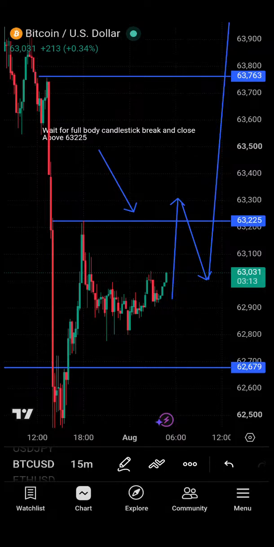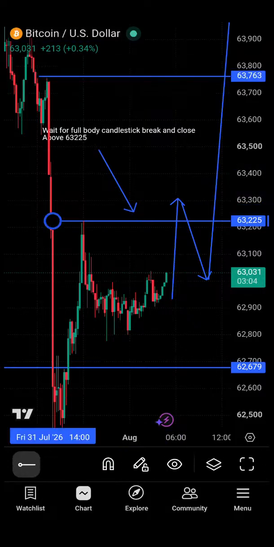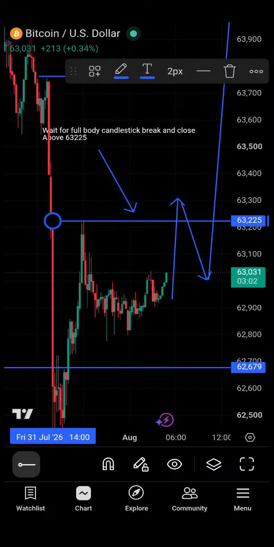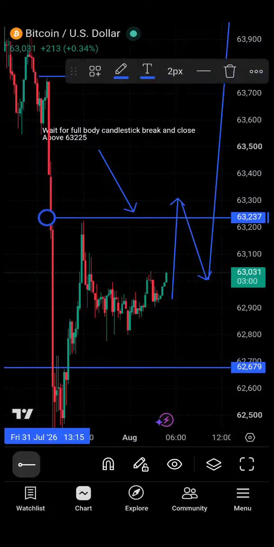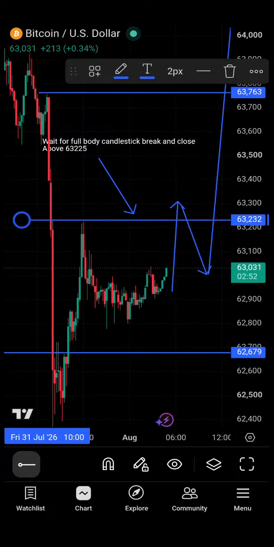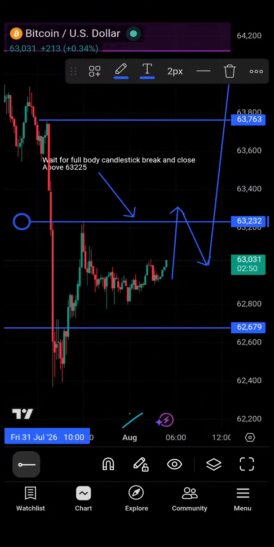Once Bitcoin ticks all these boxes, waiting for a full body break and close above this area, okay, above this area, and then a retest. Yeah, then I'll buy. I'll come back and do a live trading session again where we execute a buy and we see if we are making profit or not.